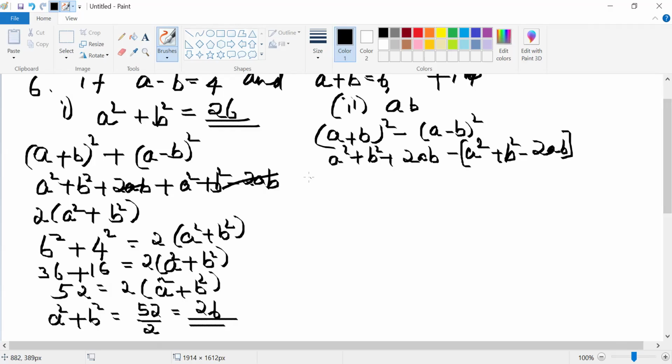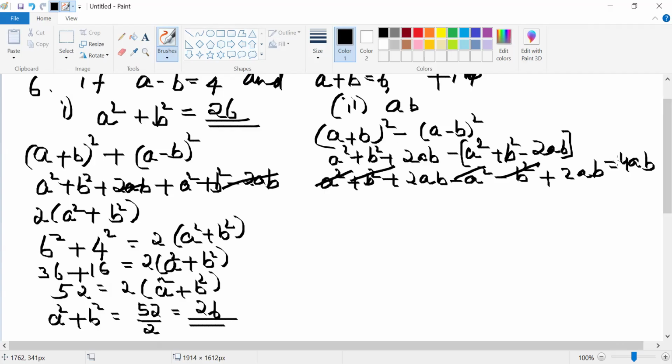Now opening the bracket, A square plus B square plus 2AB minus A square minus B square plus 2AB. So plus and minus get cancelled. You will get 4AB.